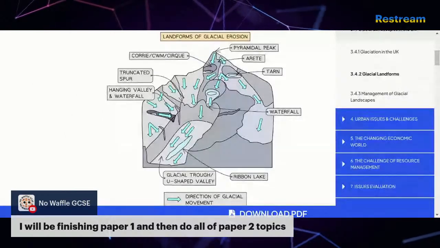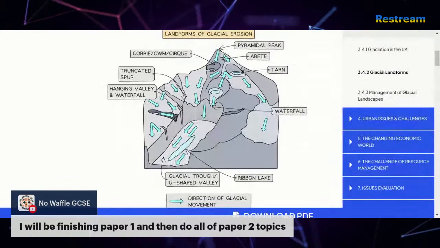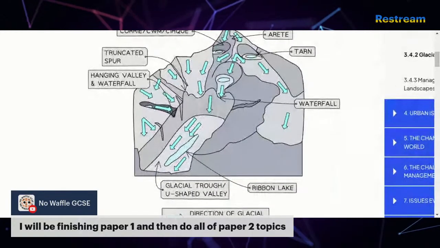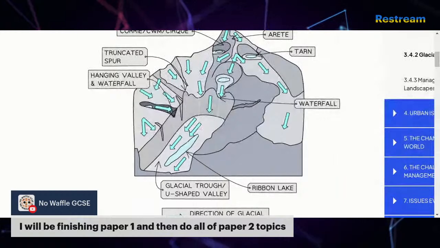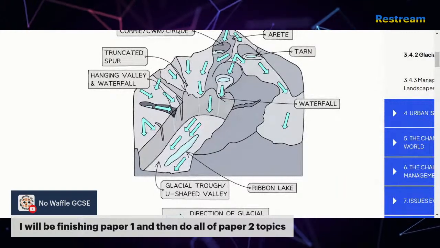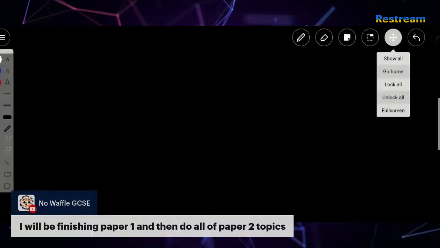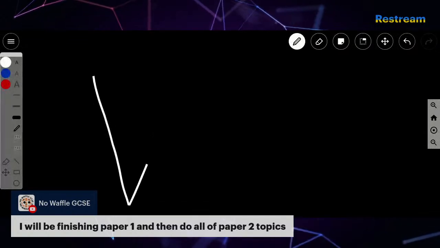We're now going to look at glacial troughs. So we just talked about a glacial trough, didn't we? So we said that a glacial trough is what is left as the glacier moves and digs into it. It forms as a V-shaped valley. Now, just for a bit of extra information, a V-shaped valley originates from rivers.